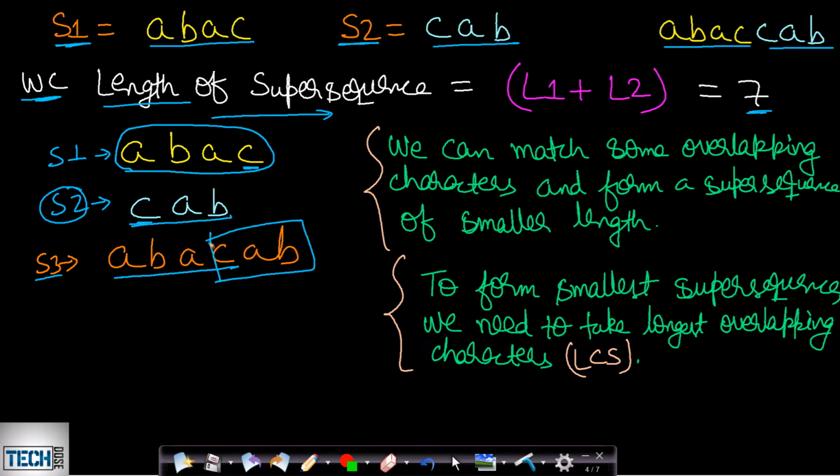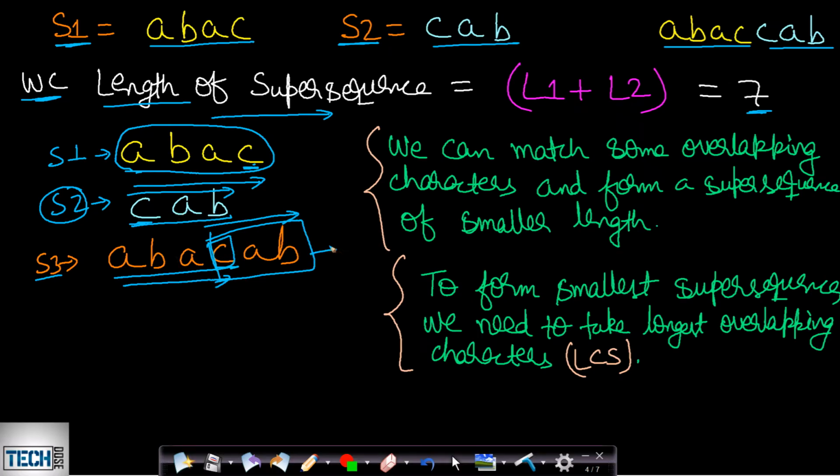Now this C is common and therefore it is written only once, and the order of characters is also maintained. ABAC was from left to right, here also ABAC is from left to right. CAB was from left to right, here also CAB is from left to right. So the order is maintained and all the characters are present as a subsequence. Therefore this is a supersequence.